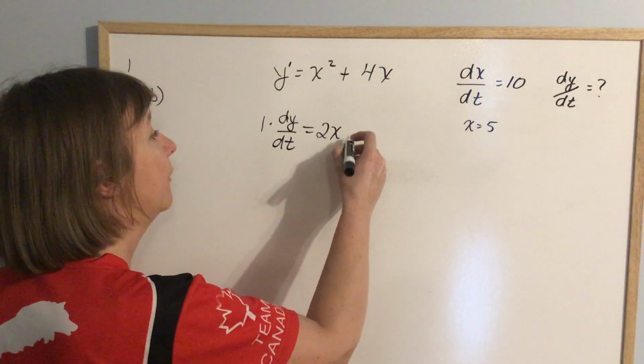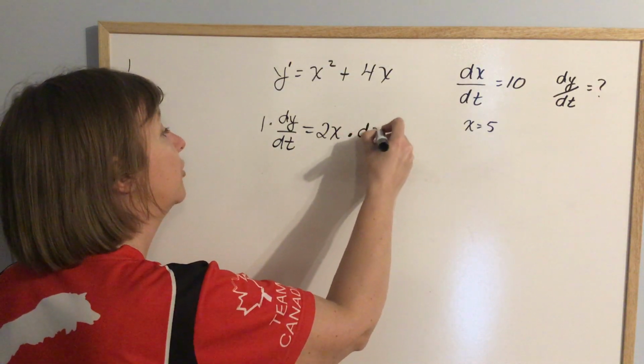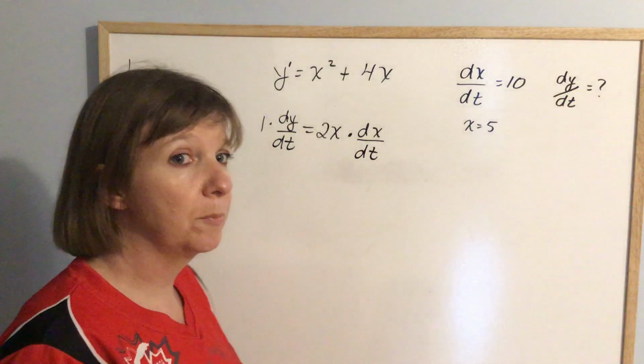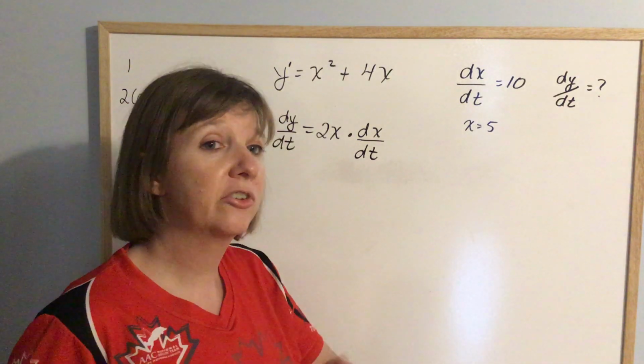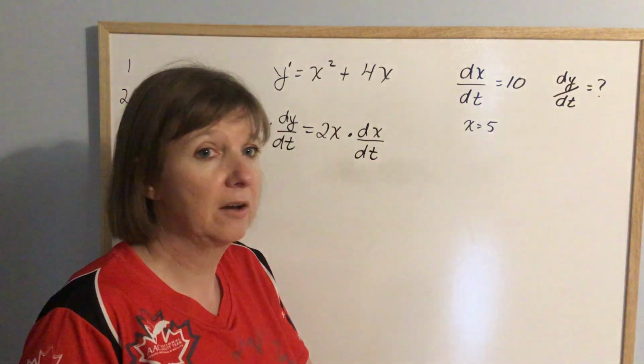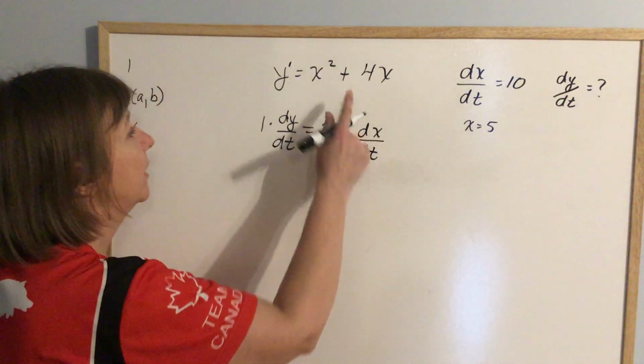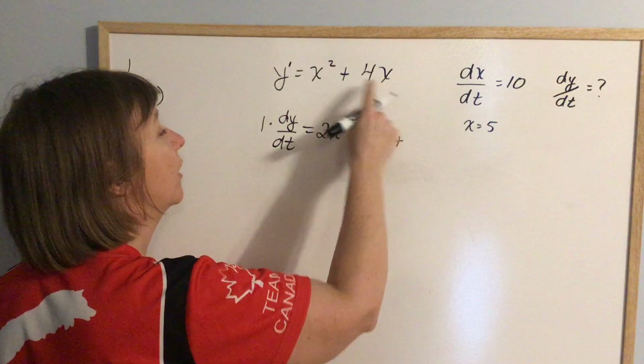So I actually have to say that I just did the derivative of x, but I did it with respect to t. I did it on the understanding that time is the unknown factor in here, because they told me it was. Plus 4x.